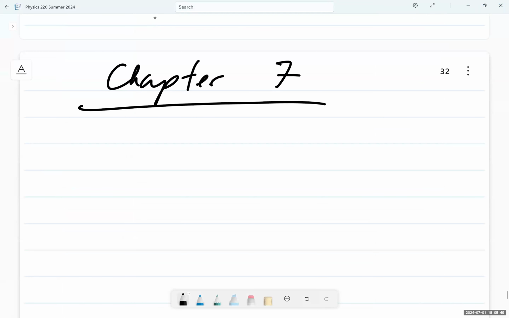If you have any questions, Zoom has the option of raising your hand. Let me see, they did make some changes. Let me see where that option is. All right, so here you go.